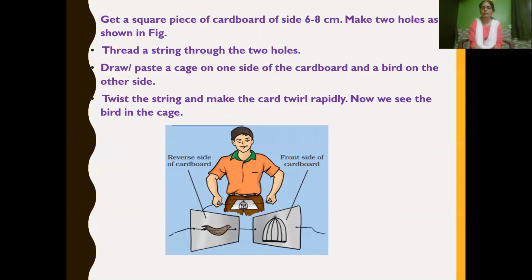See the figure, the boy is holding it. After twisting and leaving, the cardboard twirls. This twirling makes it look as if the bird is in the cage. You can do this by yourself and find out. You can enjoy this activity.